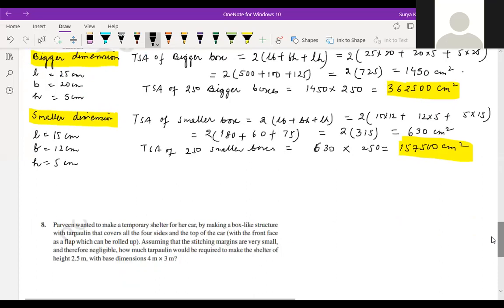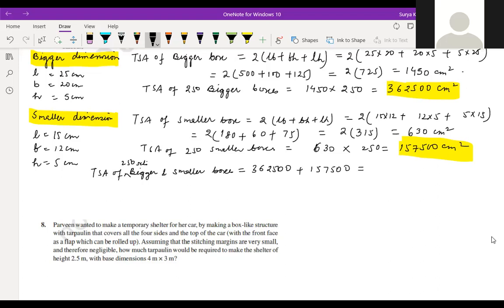So TSA of 250 sets, bigger and smaller boxes, is equal to 362,500 plus 157,500. Add this, what will you get? 520,000. Four zeros. So this is centimeter square.